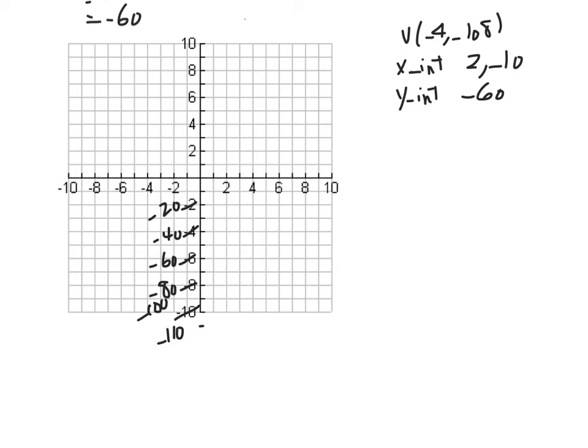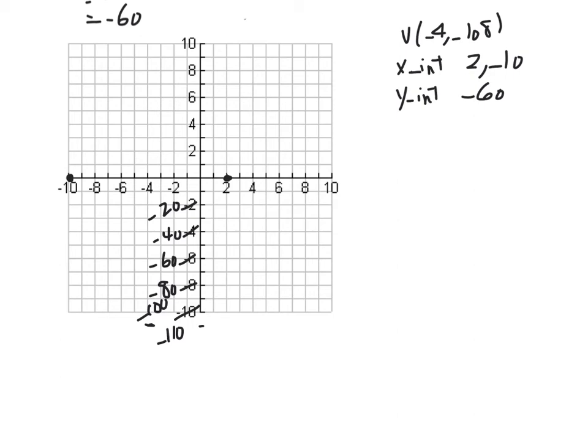So let's start plotting. Vertex is -4 and -108. So it's -4, so it's going to be somewhere around here. This is going to be my vertex. The x-intercepts are 2 and -10, which is here, and -10, which is here.